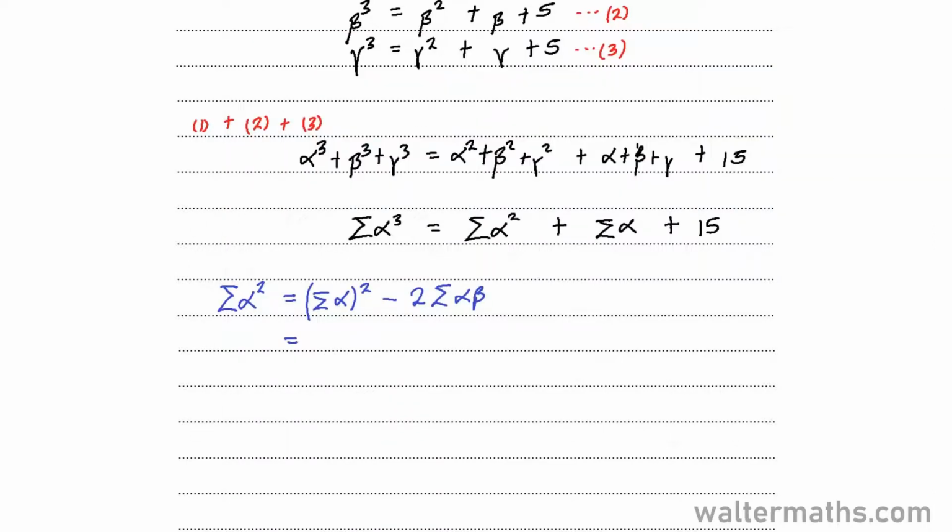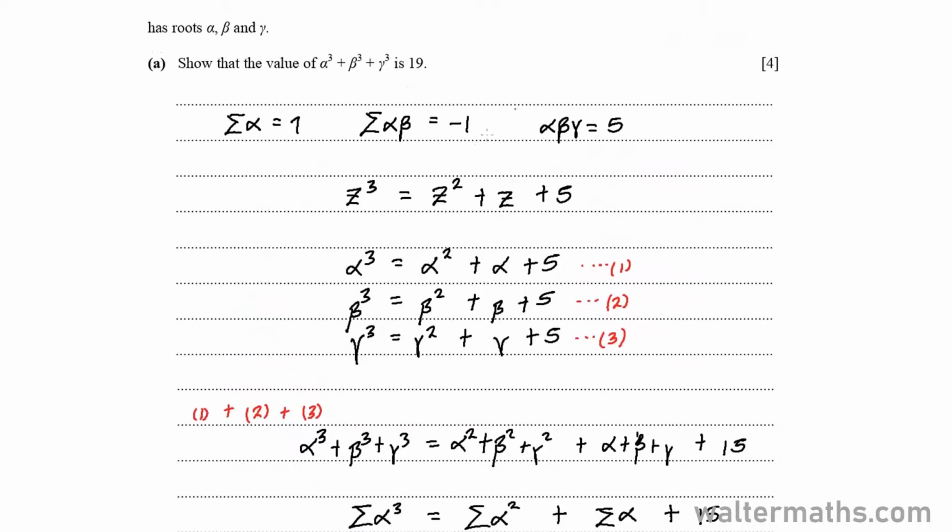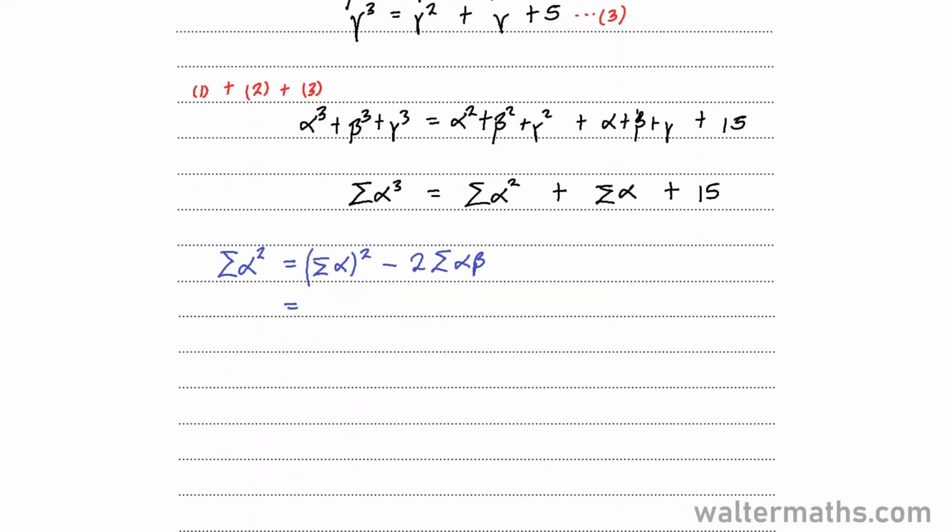For the sum of roots, we said that's 1, and the sum of product of pairs is minus 1. So we have 1 squared minus 2 of minus 1, which is 1 plus 2, and this gives us 3. So that's what we get for alpha squared plus beta squared plus gamma squared.